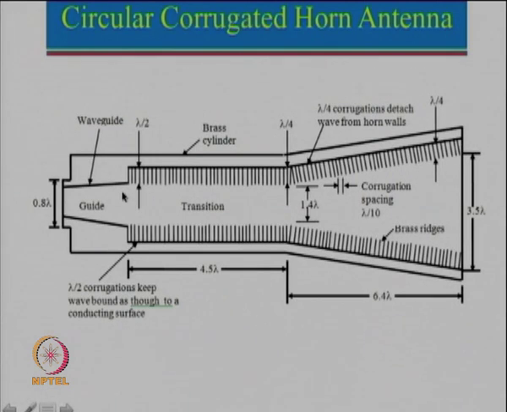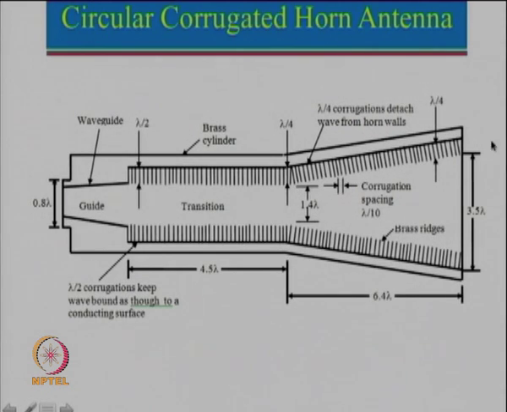So this is one of the very beautiful things which people have done, from lambda by 2 gradually changing it to lambda by 4, so that the current does not see an abrupt discontinuity, and hence reflection does not take place. It sees a very slow discontinuity happening, and then this entire length provides a kind of open impedance at this point, which reduces the current, done gradually from here.